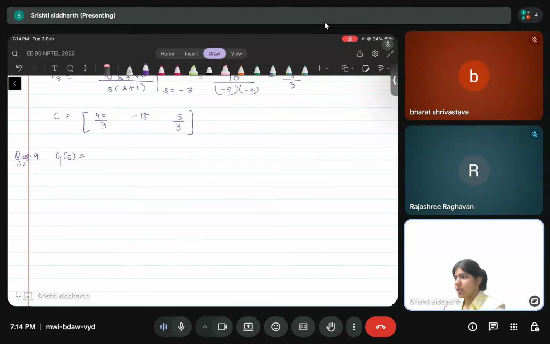So G of S is S plus 3 over S cube plus 9s squared plus 24s plus 20. Okay, you have to find the diagonal form.